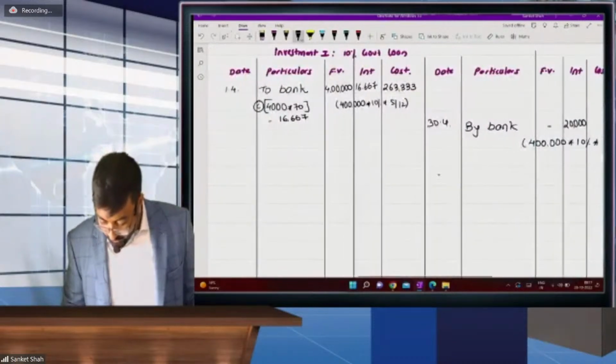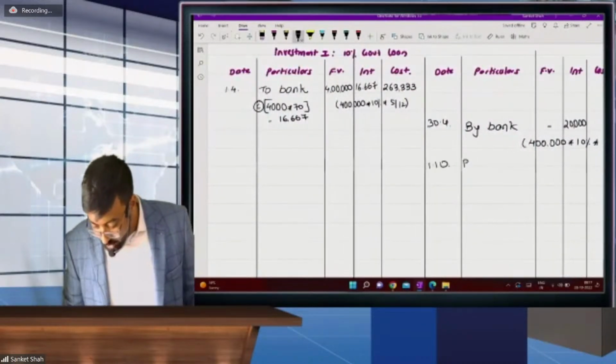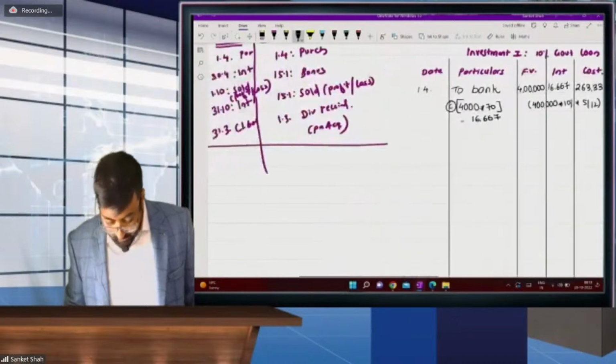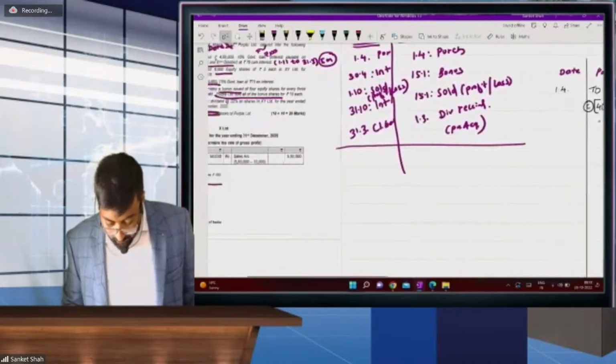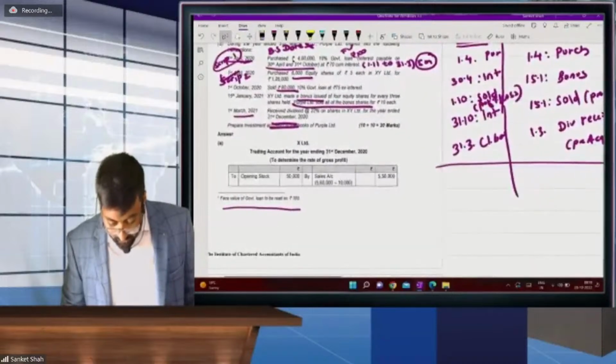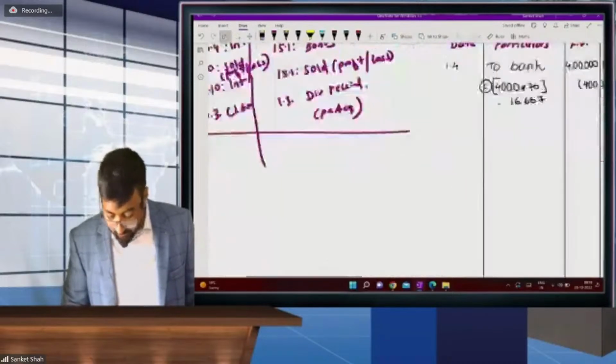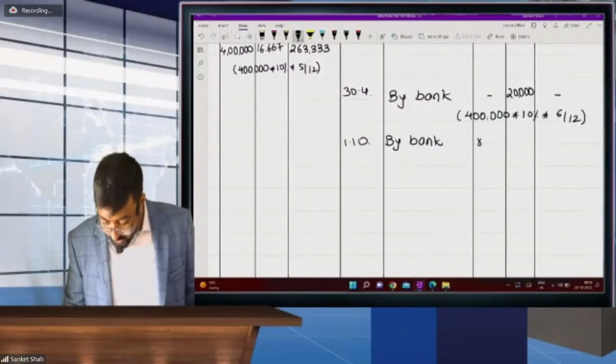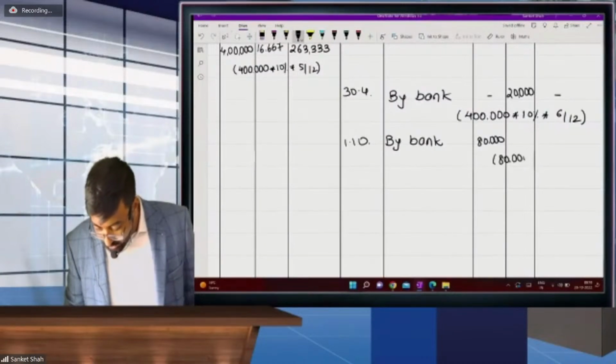Sold on 1st October by bank, ex-interest 75. 80,000 into 10%.